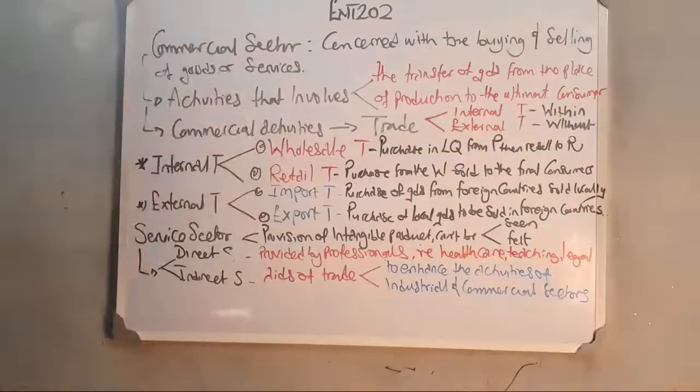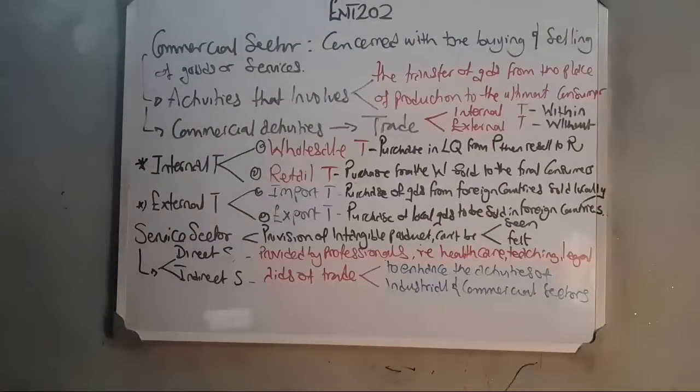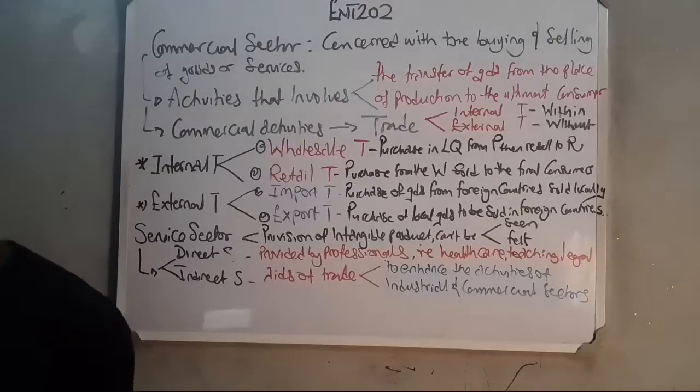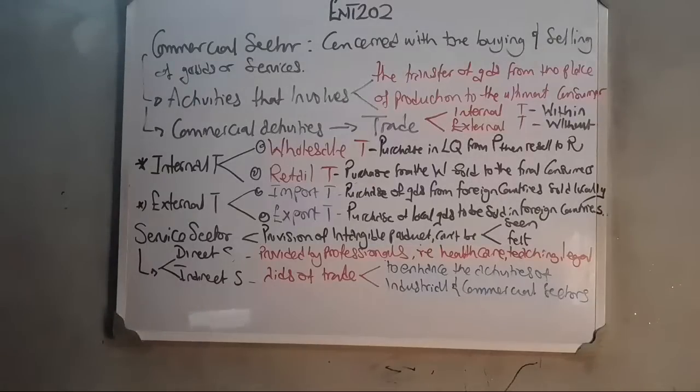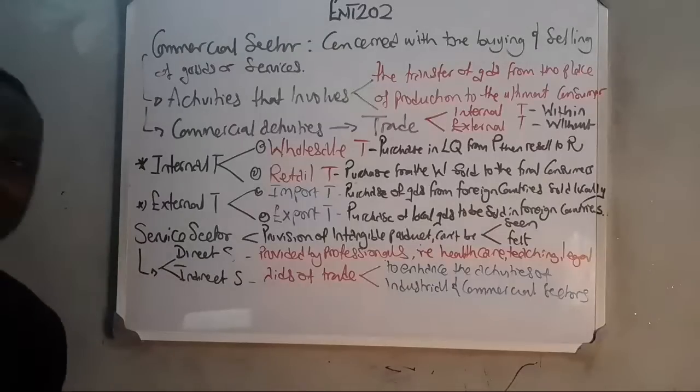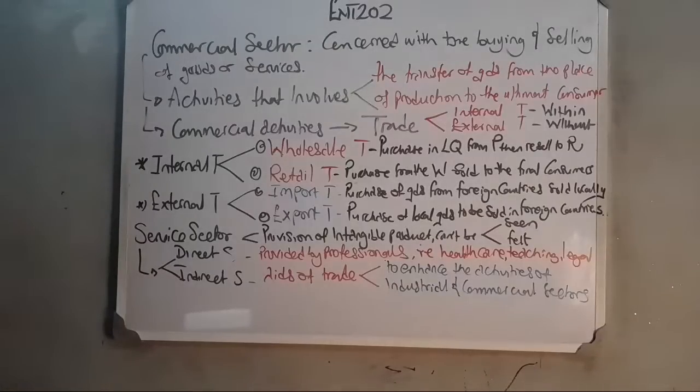They are more like an assistant, an aid. Now, these aids, which are compulsory for the development of trade, are as follows. This aid that we're talking about has to do with insurance, transport, and warehousing.